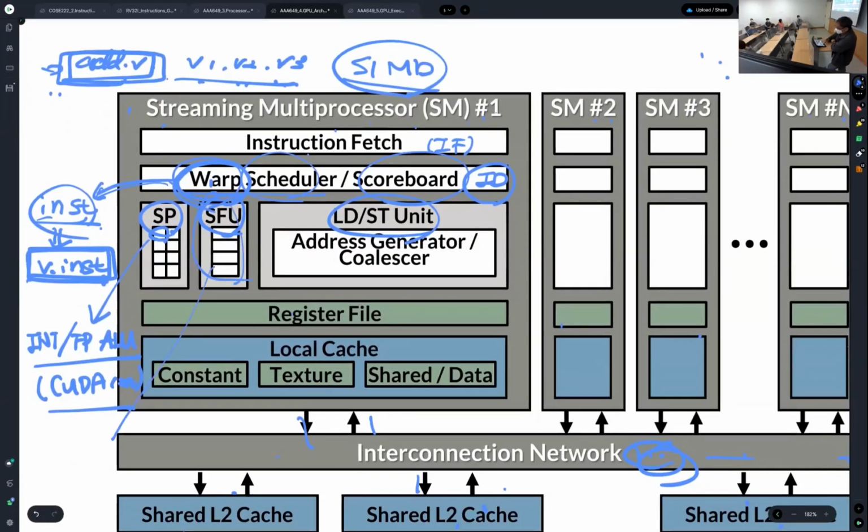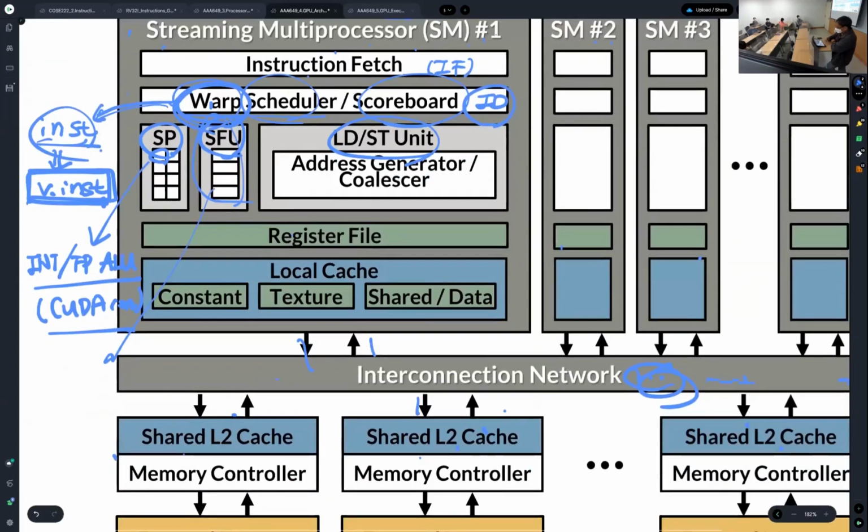The special function unit just performs special functions, like square root, sine, cosine, or tangent functions. The load store unit is like the address memory unit of the CPU, and the load store unit has the address generator. I will explain about the caches later. The load store unit just handles the memory data.